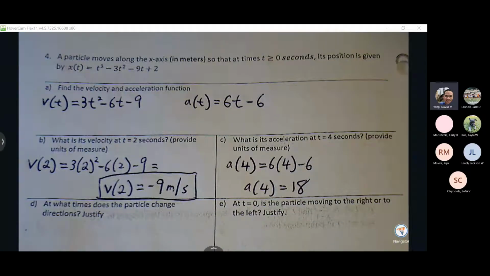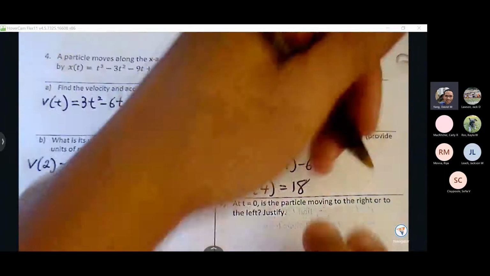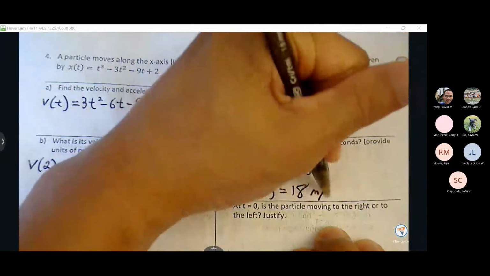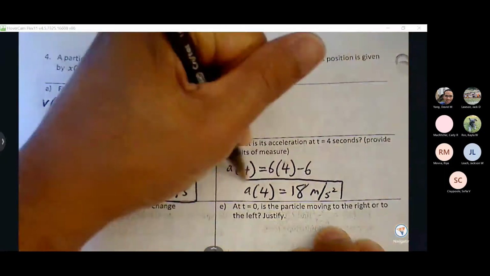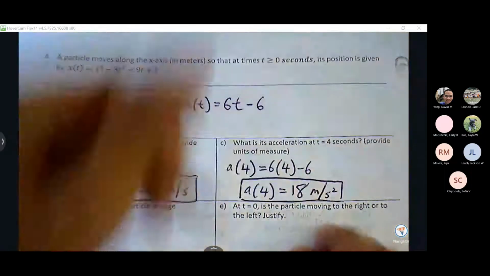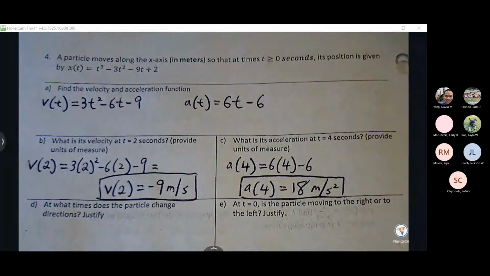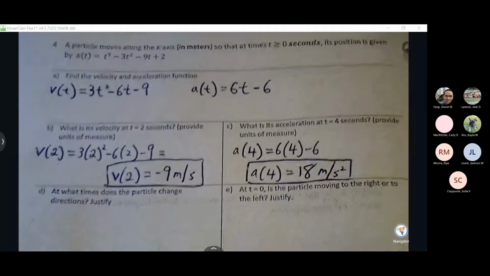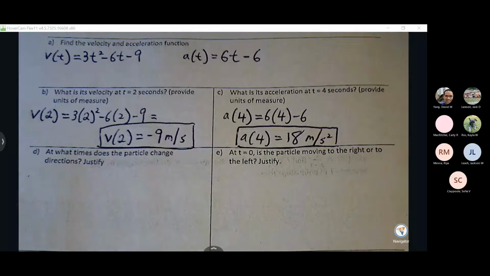Okay, what's the unit of measure? Good, meters per second squared.